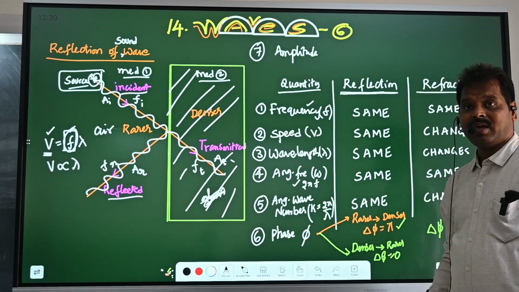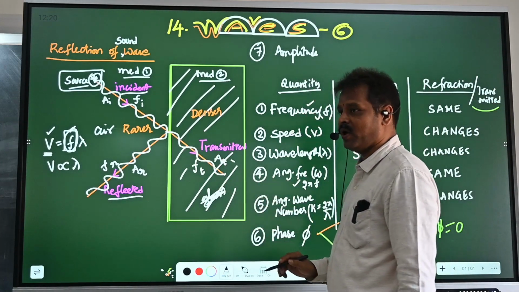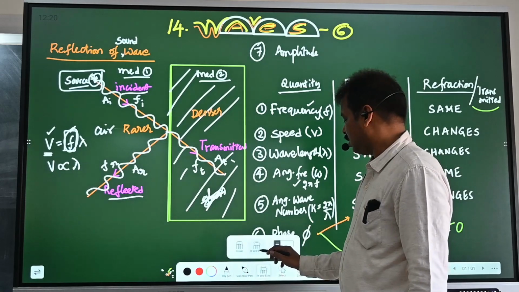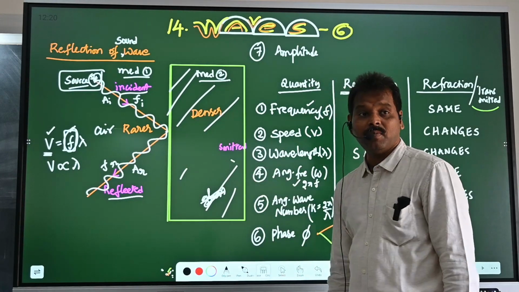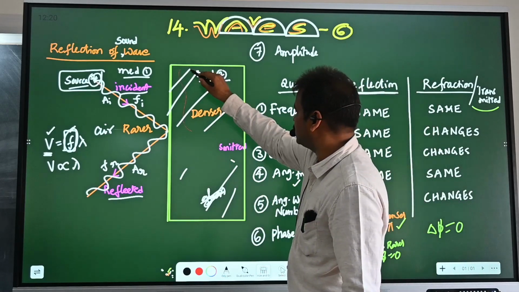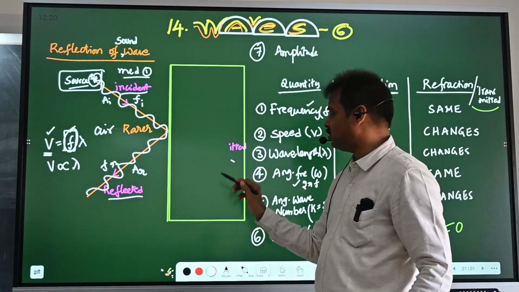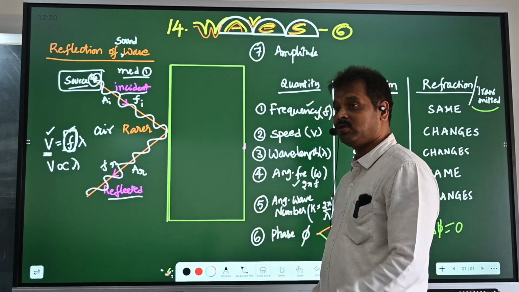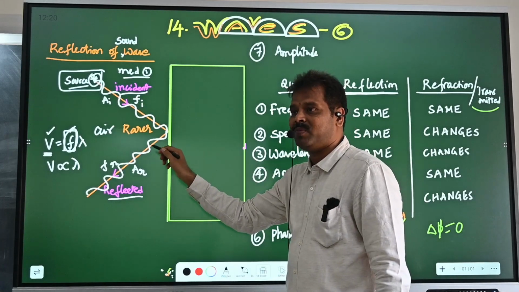Remember, students, suppose there is no transmitted wave. Medium 2 is present, but the transmitted wave is not there. Then what happens? The complete energy of the wave will be reflected back.